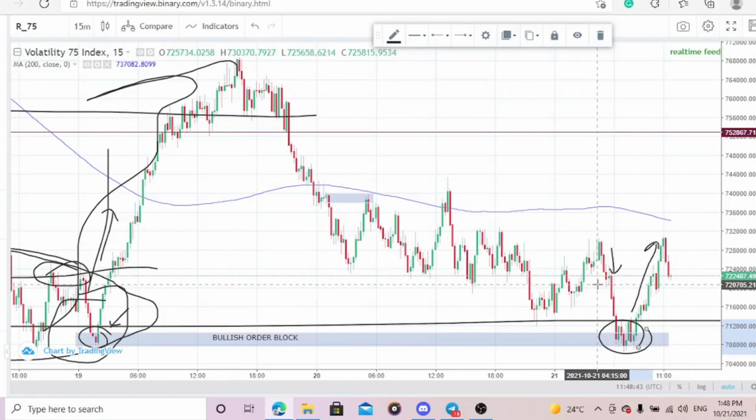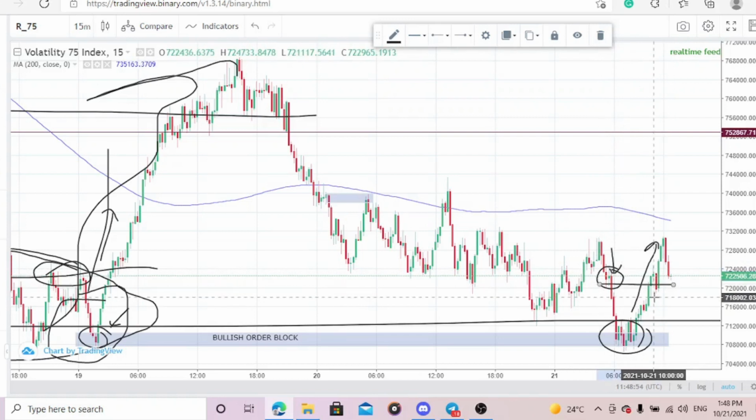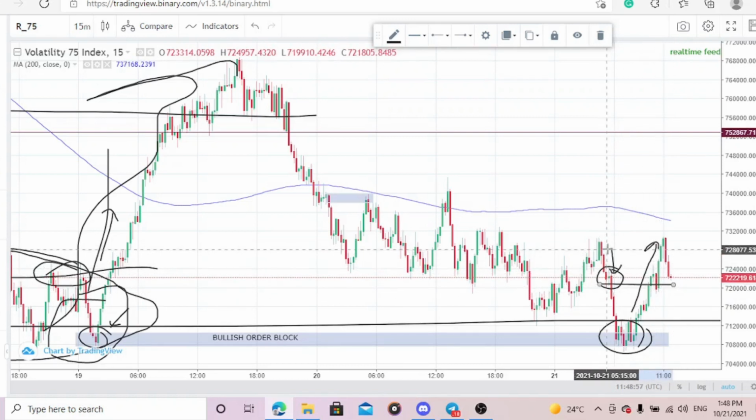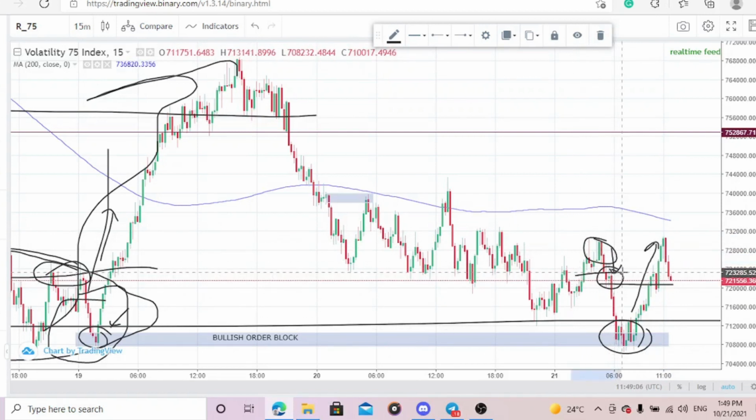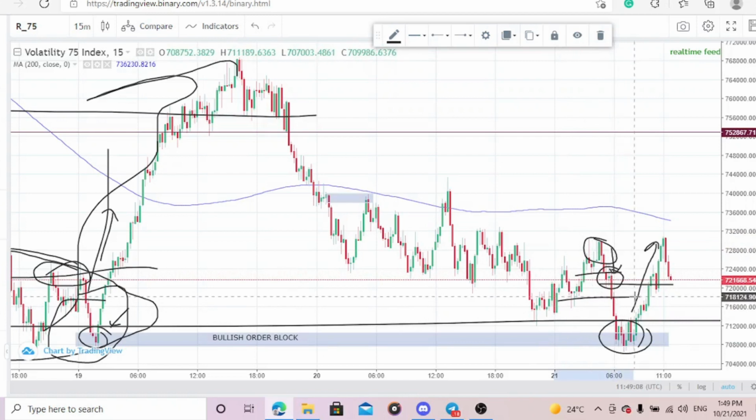We had our first TP somewhere around here, because there is an order block also here. I put the first TP around this area, but I knew that the market was going to go all the way up to this order block right here, because from here the market moved very aggressively, taking out this low and this low as well. So this is the main order block that I knew the market was going to come to.